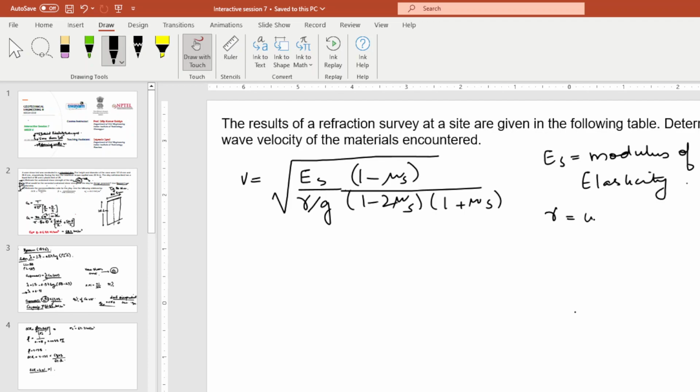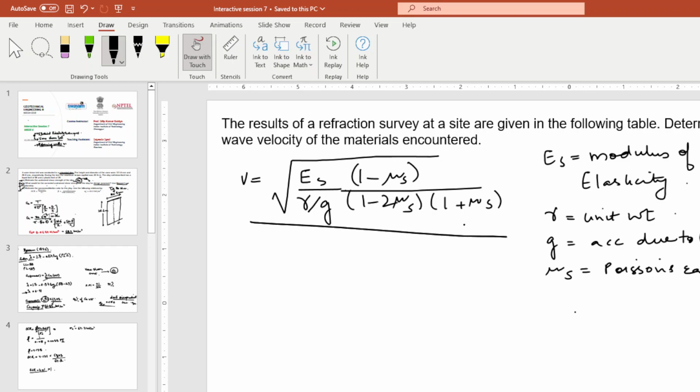Gamma is the unit weight of the medium. g is the acceleration due to gravity. Mu s is the Poisson's ratio. So this is basically the principle. We don't need this right now, but all we need to know is that V is actually related to these properties of the soil.